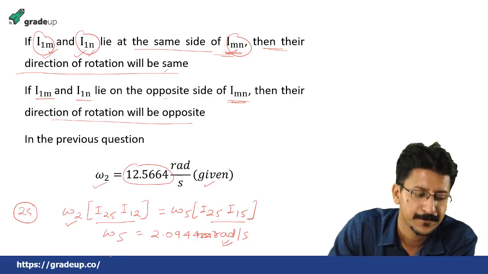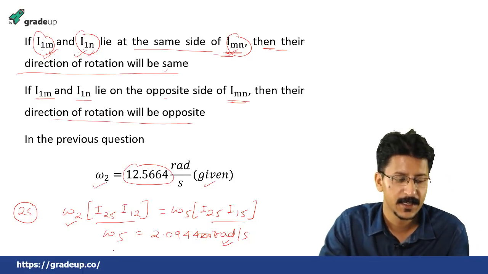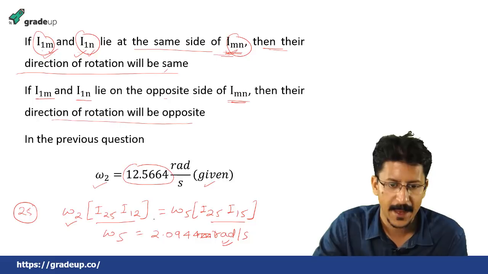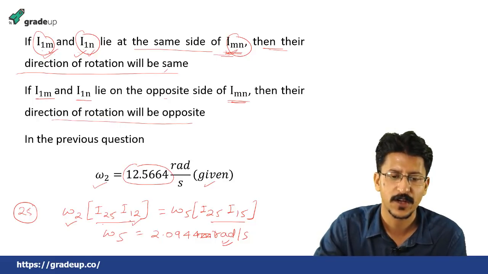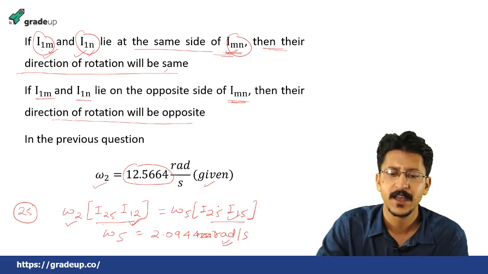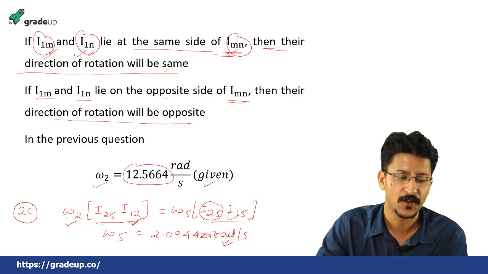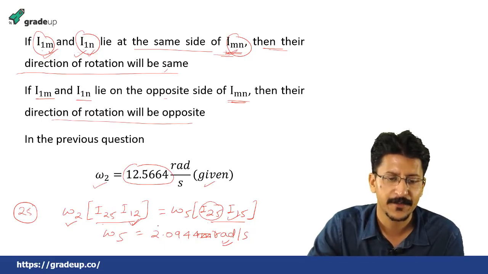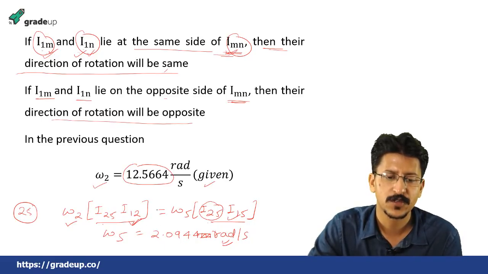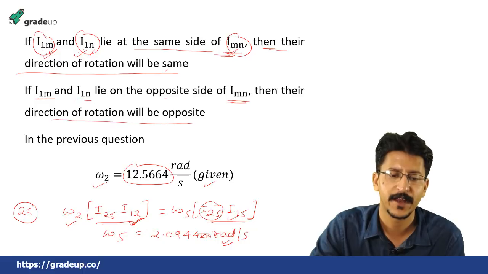You will see in the diagram that I12 and I15 lie on opposite sides of I25. Hence the direction of rotation of link 5 will be opposite to that of link 2.